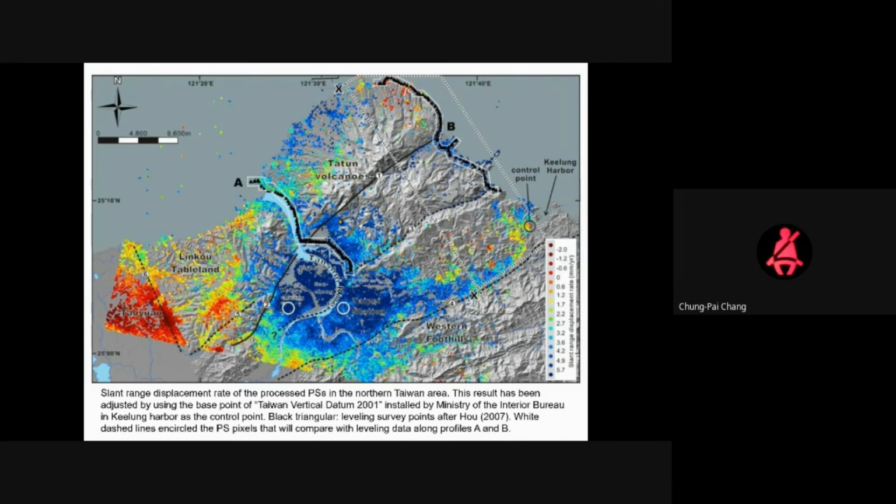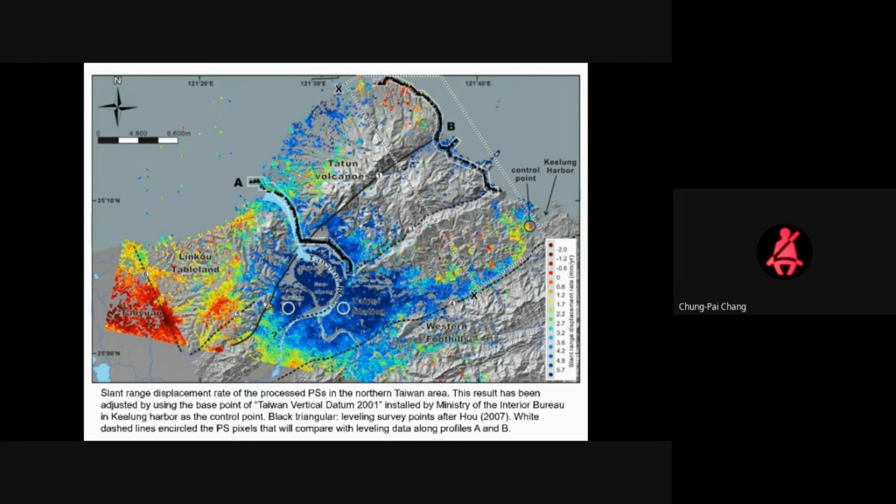But in this result, we cannot observe a very clear displacement along this fault line, but it's a good thing. This means that right now it's stable. But just like the Chelungpu fault, the case from Taichung, I showed you the Chi-Chi earthquake. After the earthquake, we can calculate that by using satellite radar images very quickly and in great detail.